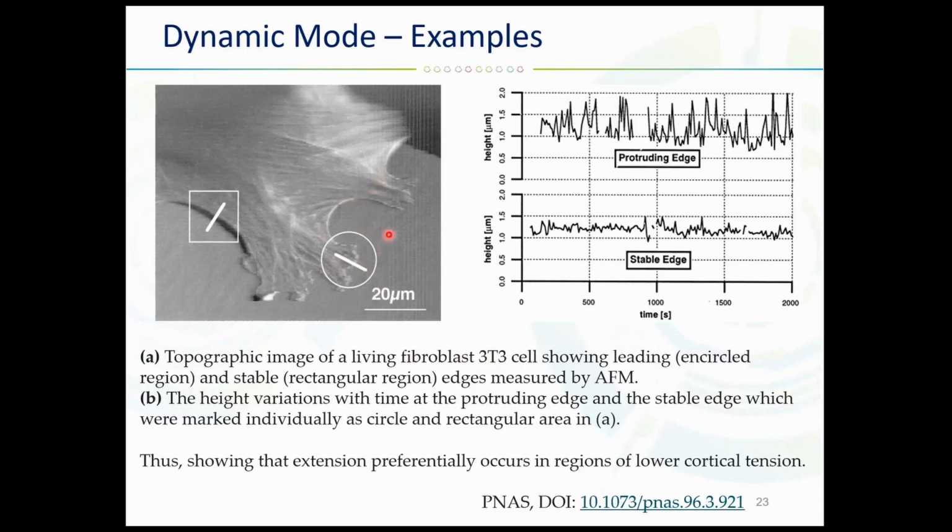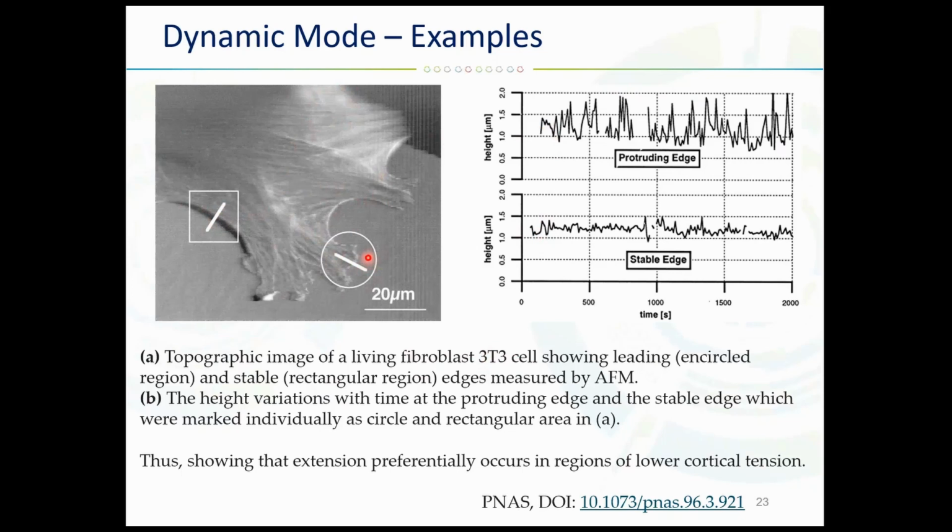Here we usually use a soft silicon nitride cantilever because it is a cell. And here you can see the deflection image of the regions of the motile fibroblasts. Each curve represents the cross section of these white areas.